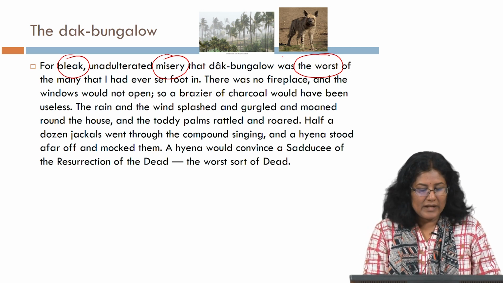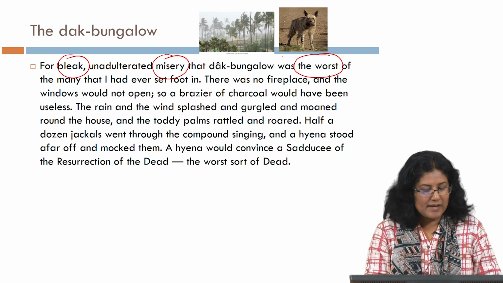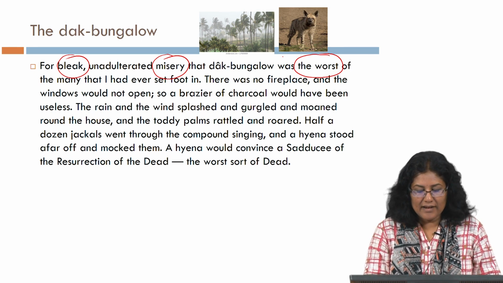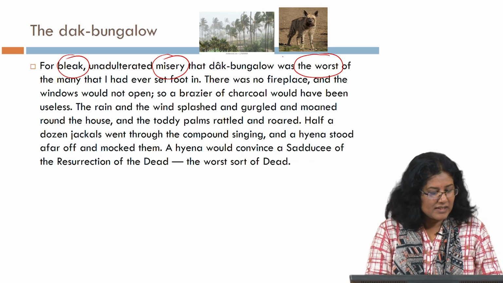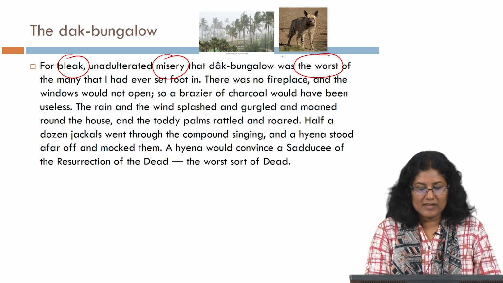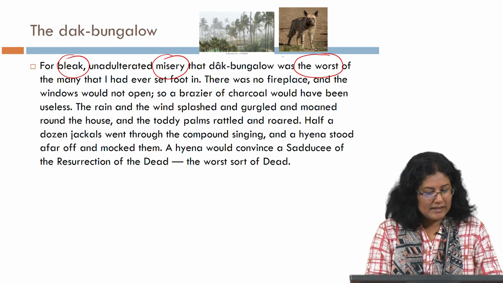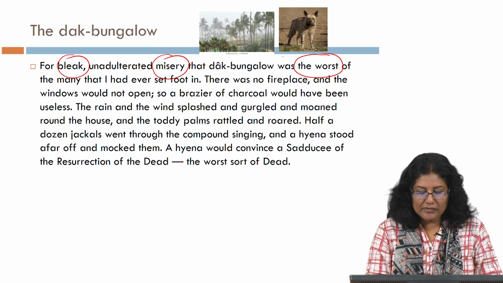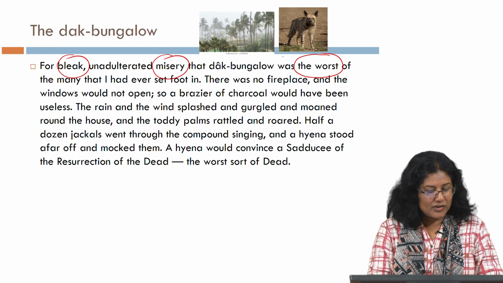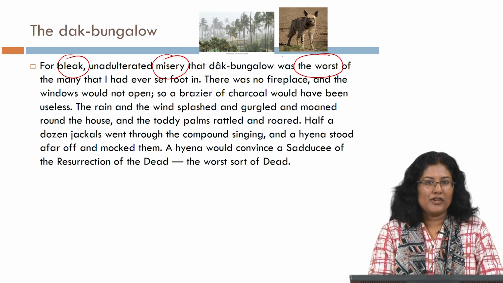The rain and the wind splashed and gurgled and moaned around the house, and the toddy palms rattled and roared. Half a dozen jackals went through the compound singing, and a hyena stood afar off and mocked them. A hyena would convince a Sadducee of the resurrection of the dead, the worst sort of dead."